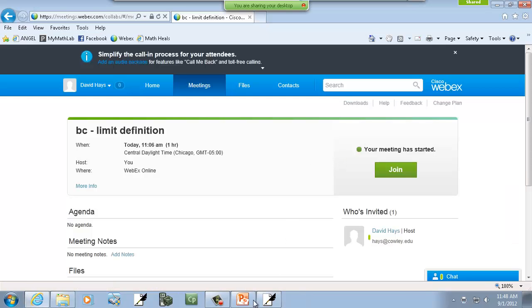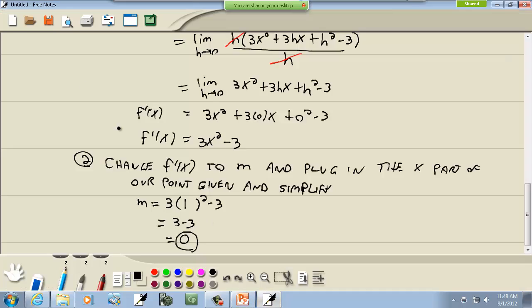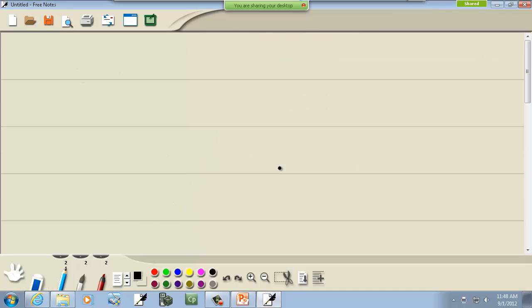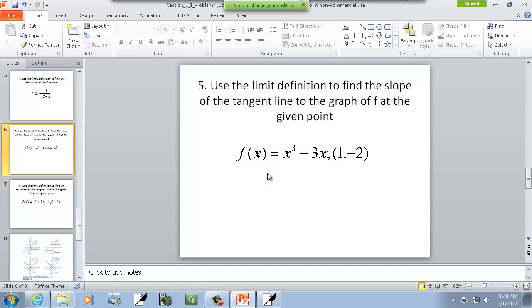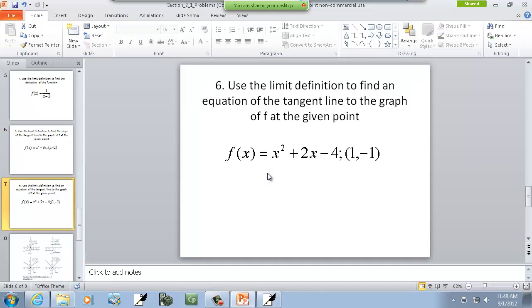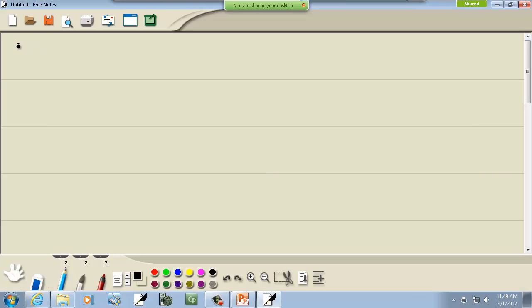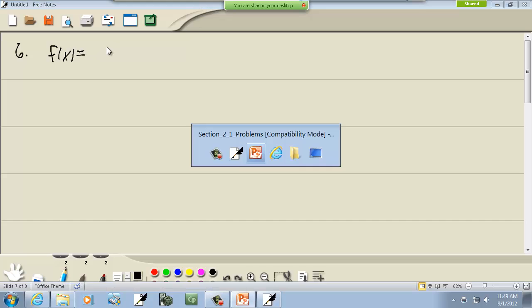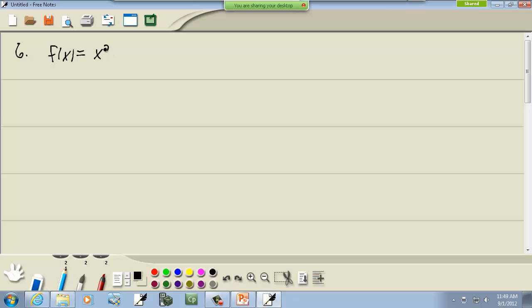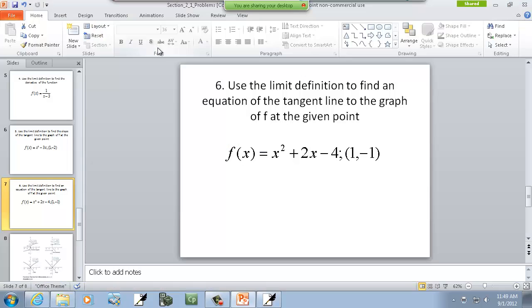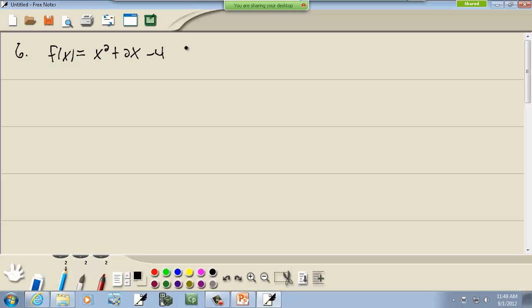And let's look at our next problem. This says use limit definition to find equation of tangent line. So, problem number 6. Given f of x is equal to x squared plus 2x minus 4 at 1, negative 1.